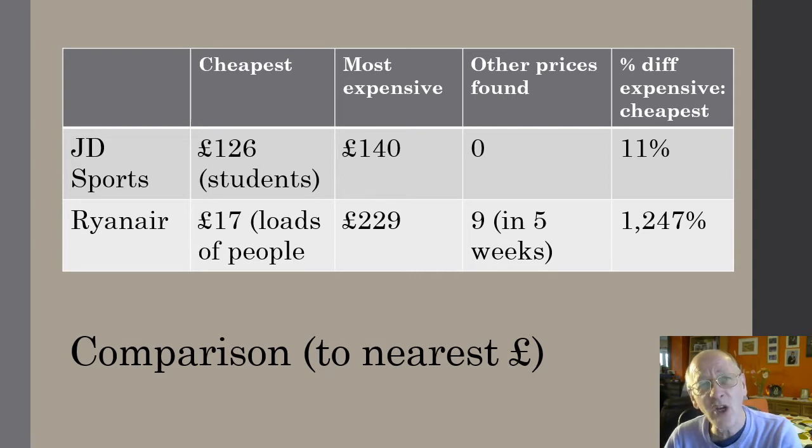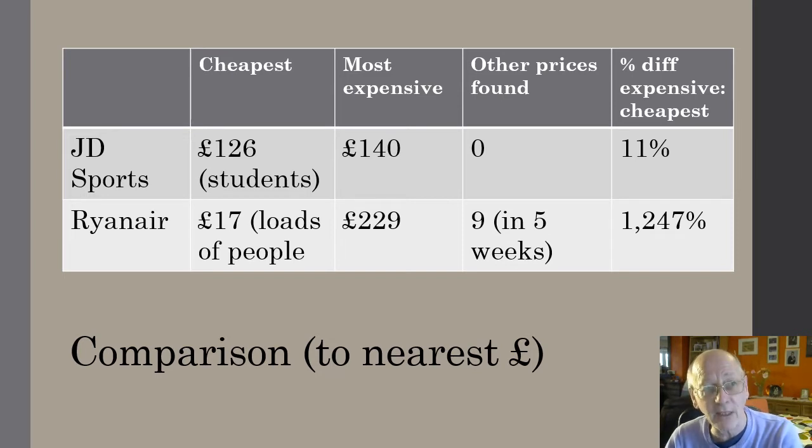I found 9 other prices, so that's 11 prices in all in a 5-week period. And the percentage difference from the cheapest to the most expensive was 1,247%. So JDSports, not a lot of changing prices, discriminating prices.